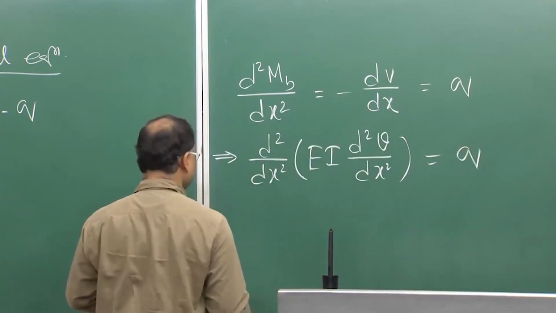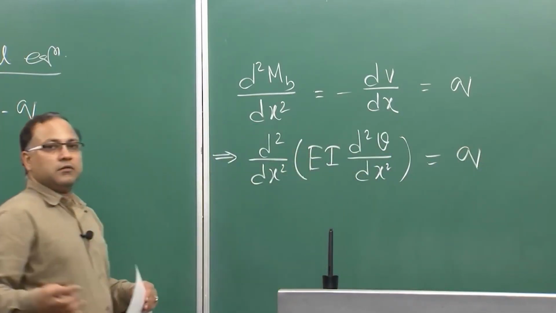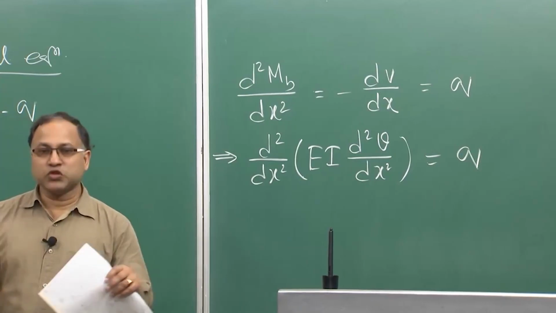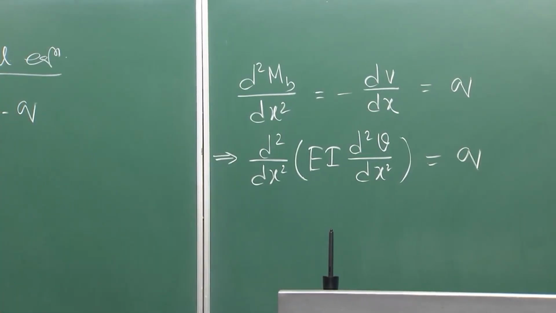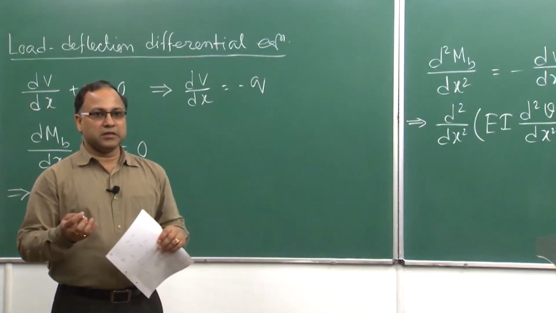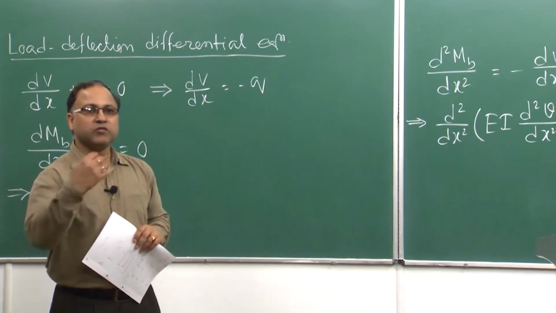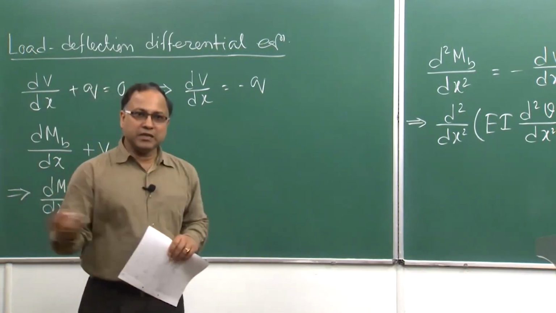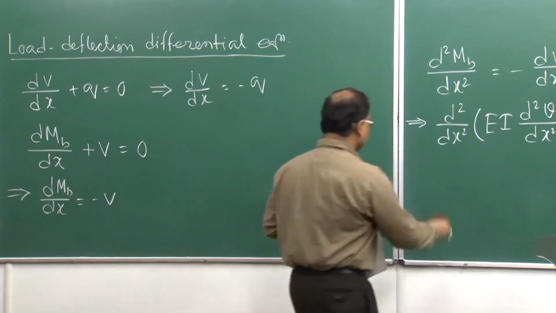If I consider a homogeneous beam with a constant, uniform cross section, then of course EI is constant, so I can take it out.